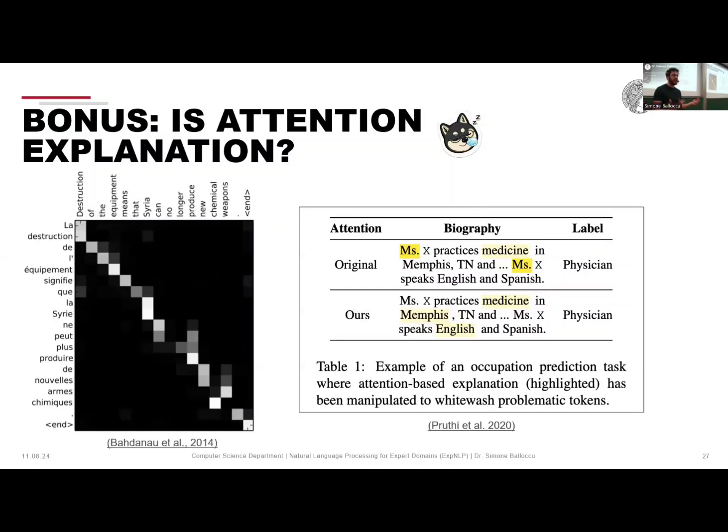You have a trained model, and your model somehow picked up some spurious elements that say, the best way for me to predict that this person is a physician is to look at her title, "Ms.", which of course doesn't make sense. Maybe you can do this and lower performance, which is always a tricky trade-off. But if your performance depends on spurious patterns, probably your performance is not good to start with.